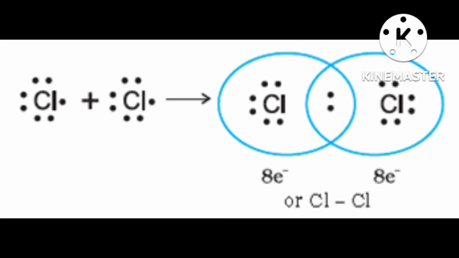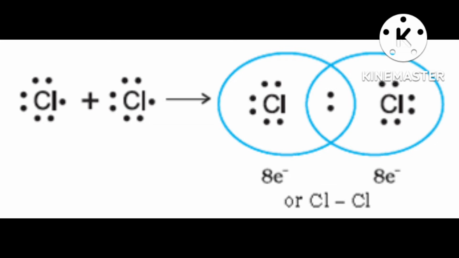To get the answer, we have to understand these three things. What are those three things? First, structure of atom. Second, electronic configuration of elements. And third, periodic table.